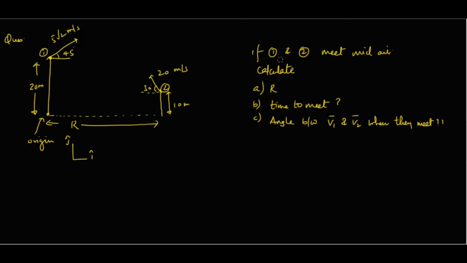The question is if 1 and 2 meet mid-air, calculate this r, calculate the time to meet, and find the angle between v1 and v2 when they meet. So v1 is the velocity vector of particle 1, v2 is the velocity vector of particle 2 when they meet. So calculating a and b should be trivial, but this part c is a little bit tricky.